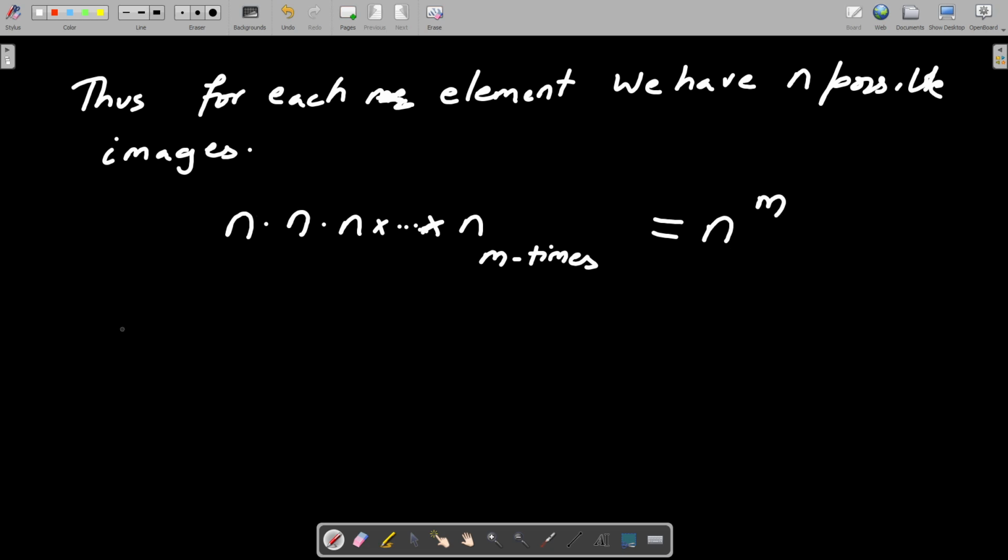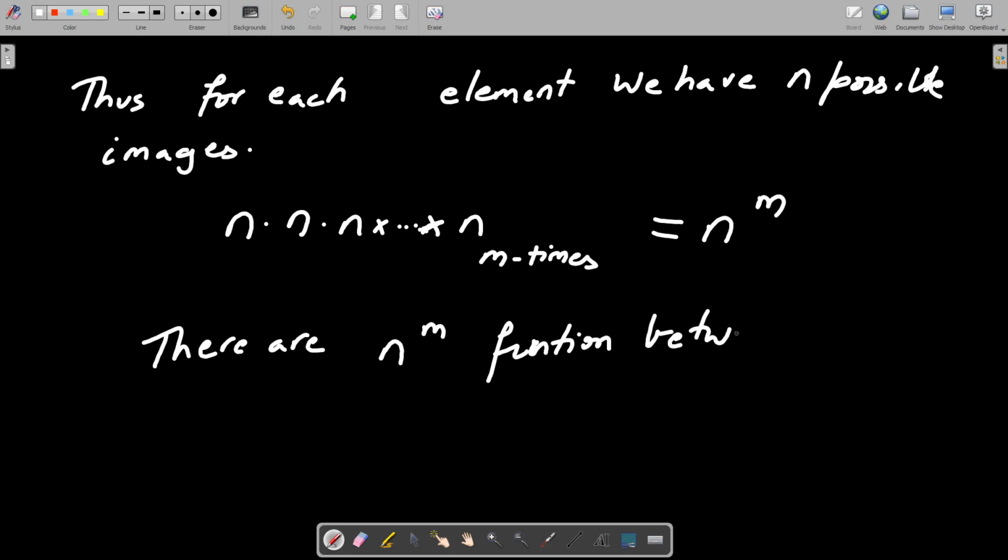For each element we have n choices. So there are n to the m functions between A and B.